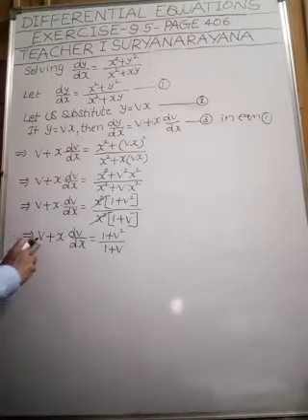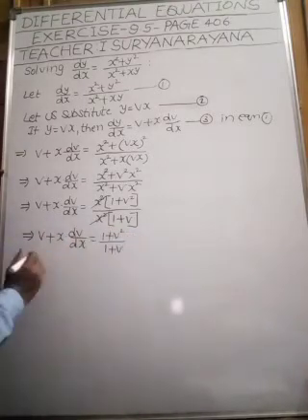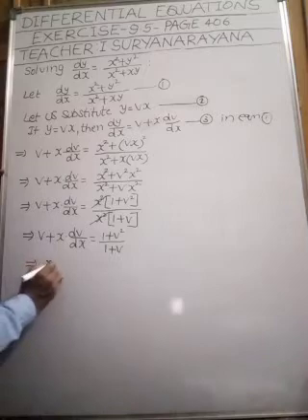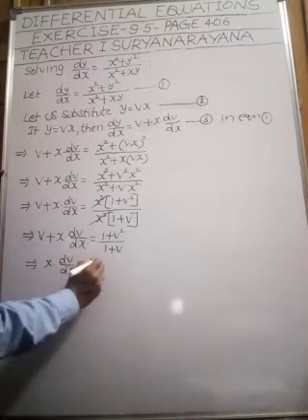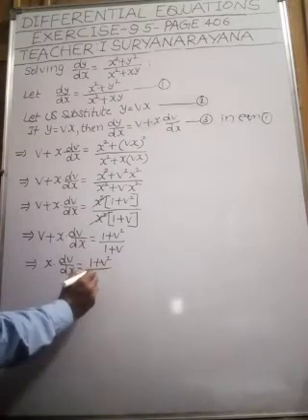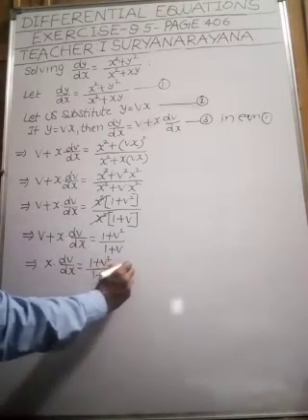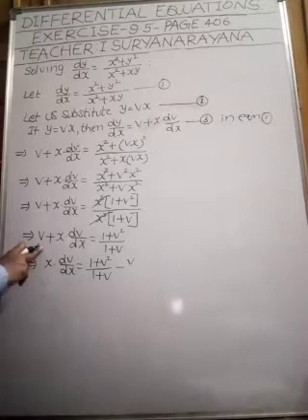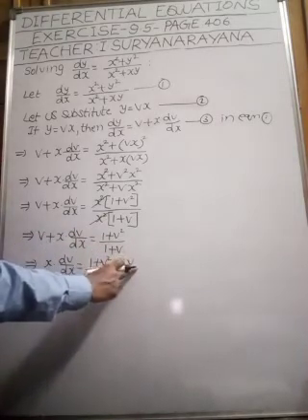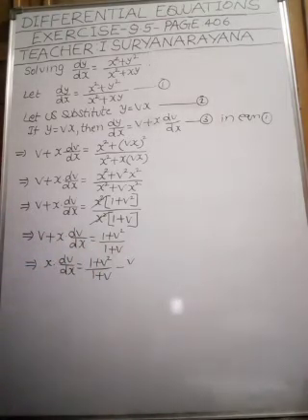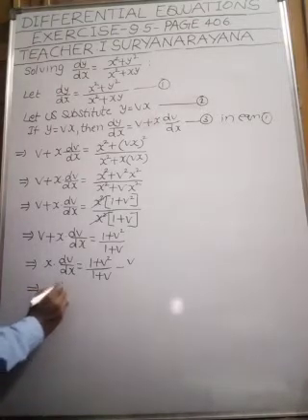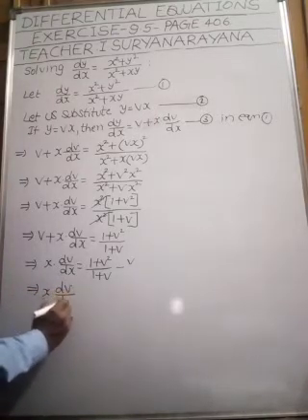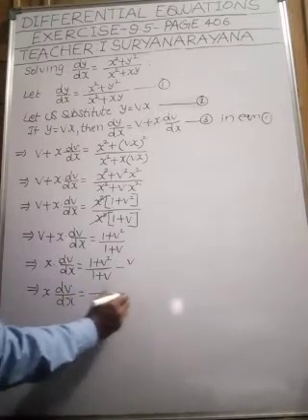After that we had to transpose v to RHS. This implies x dv by dx is equal to 1 plus v square by 1 plus v minus v. Okay, my children, we transposed plus v to RHS, then it becomes minus v. Understood this step, my children? Right. This implies x dv by dx is equal to, take LCM.